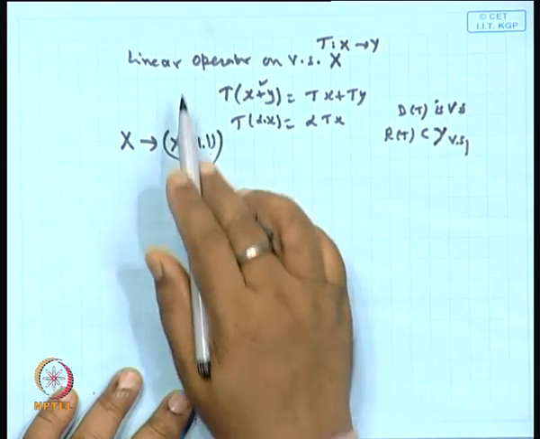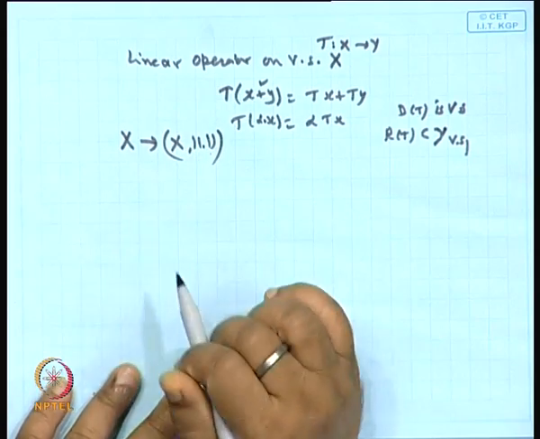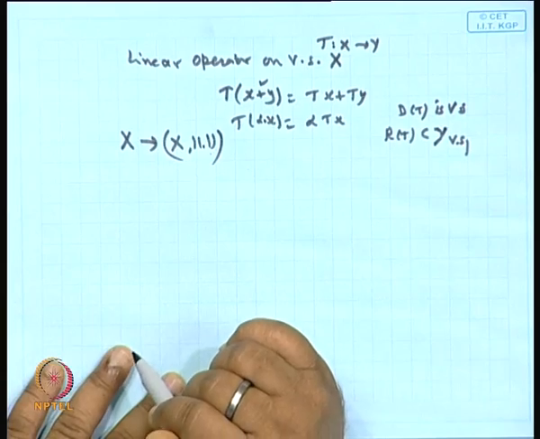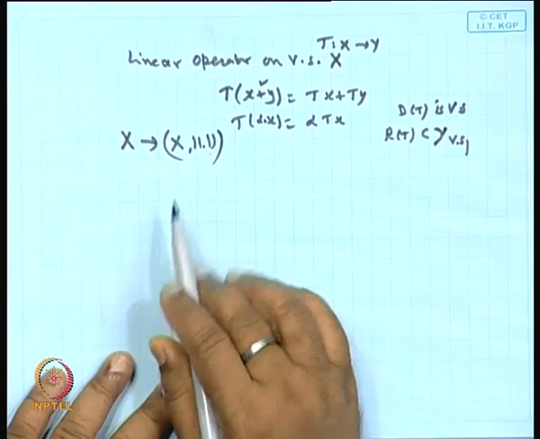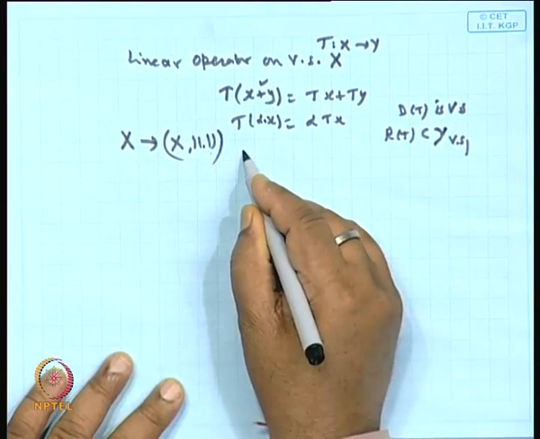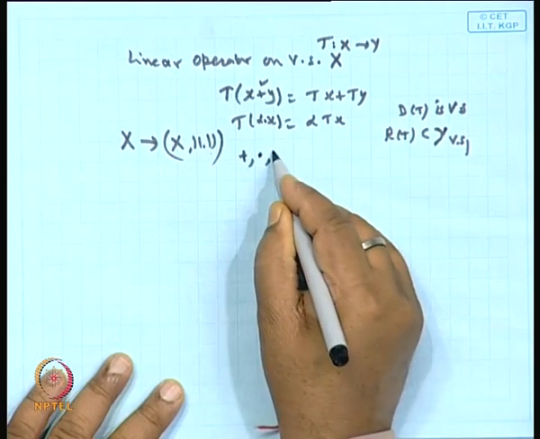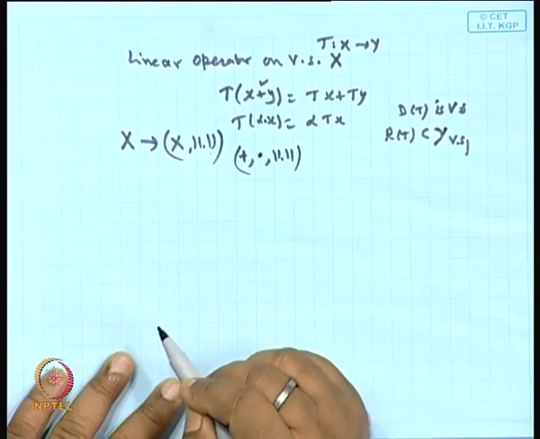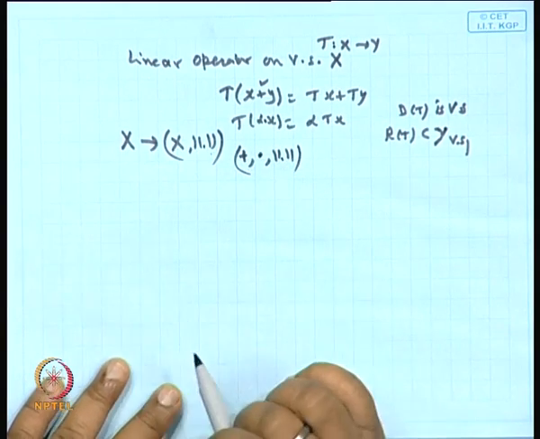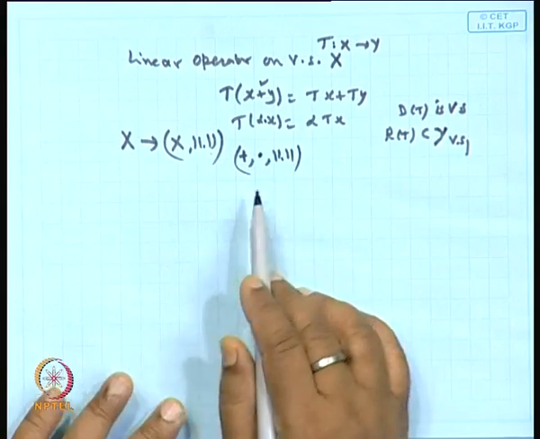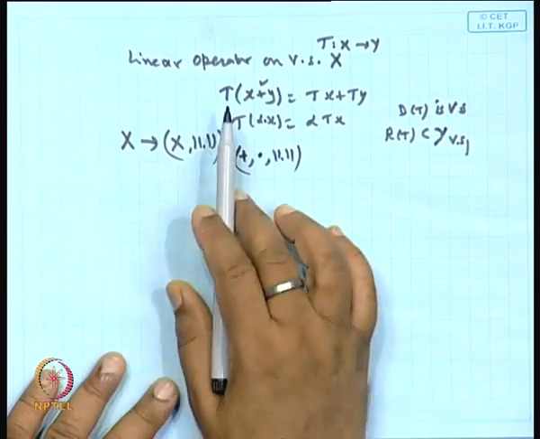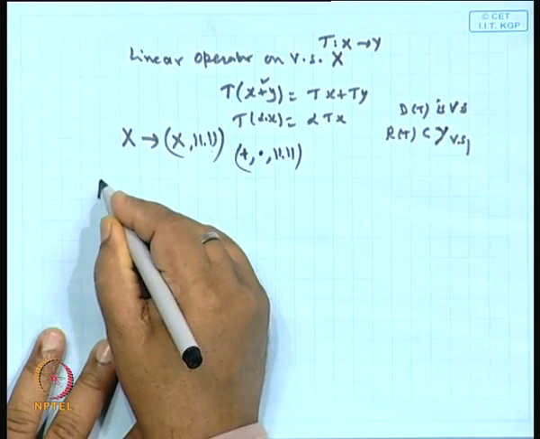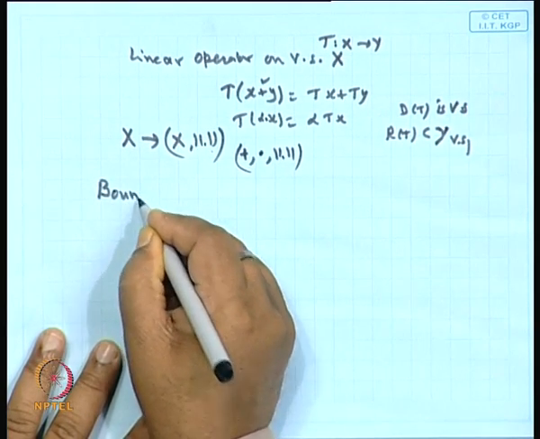So, we want to extend this concept of the linear operator over a Banach space or a normed space, which includes another operation called the norm. An operator which includes all three operations will be more interesting and important compared to this one, and this leads to the concept of bounded linear operator.